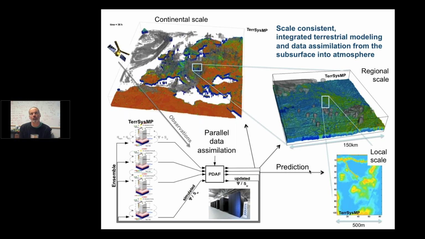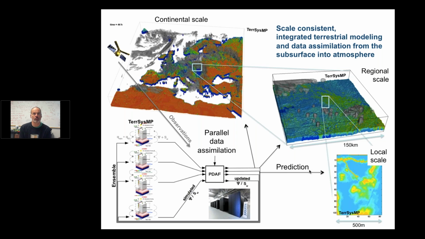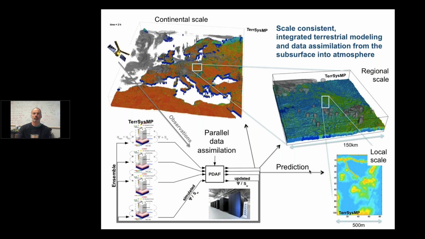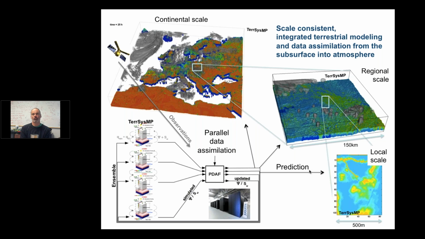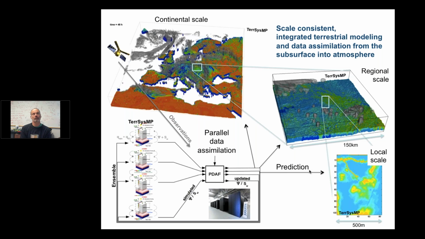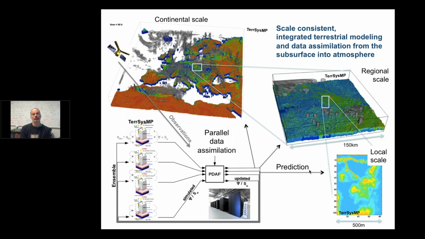Yes. So what we do is, our subsurface model, which is in this case ParFlow, is a continuum model. So we solve Richards' equation, and this equation holds in the saturated zone and also in the vadose zone up to the land surface. And so water table dynamics are included in the equation.